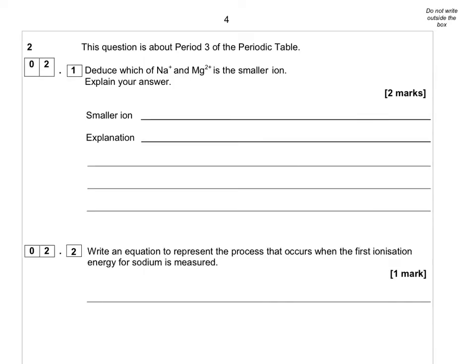This question is about period 3 of the periodic table. Deduce which of Na+ and Mg2+ is the smaller ion and explain your answer. So if we have a look at Na+, Na has 11 protons and it's only going to have 10 electrons because it's lost one to form the positive ion.